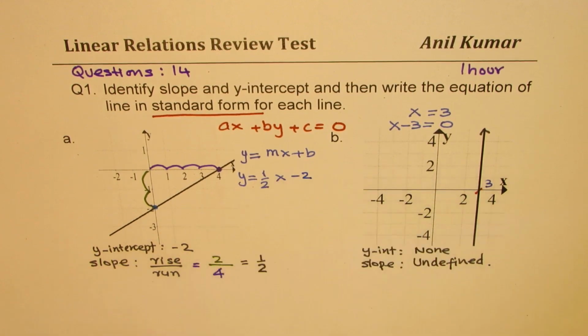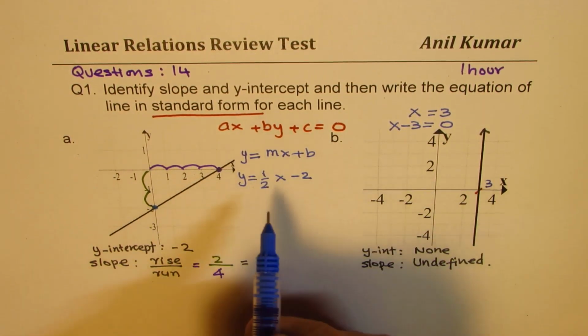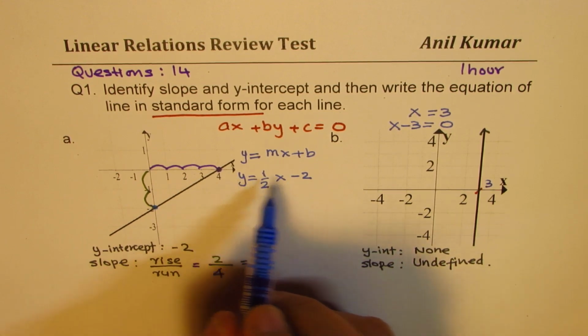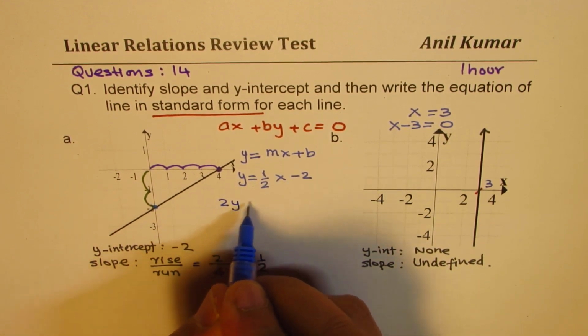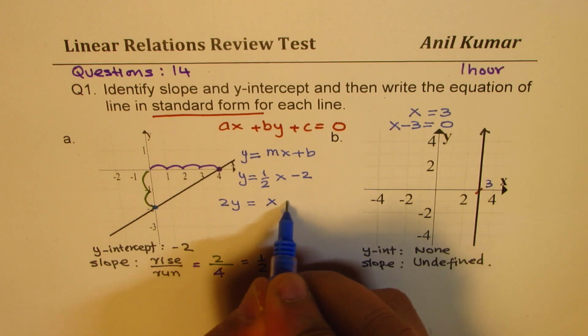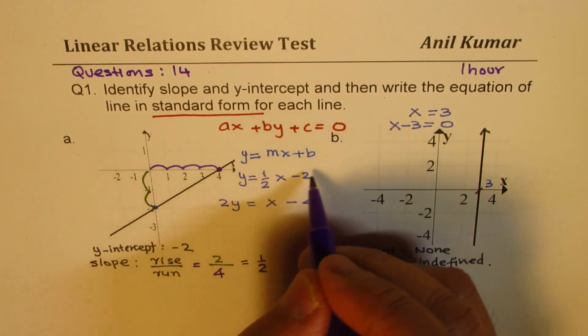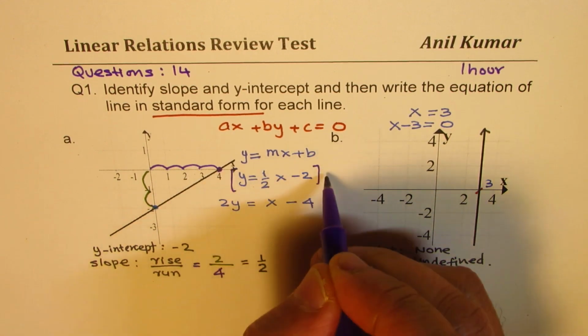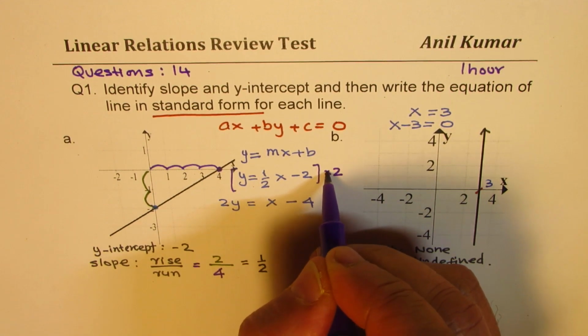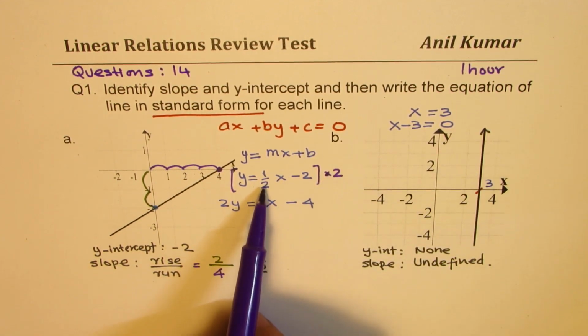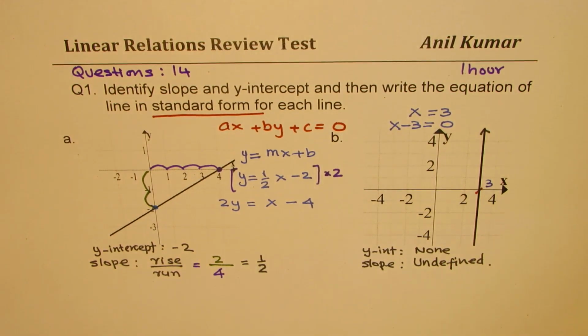So that could be the equation. But this equation is in slope-intercept form. Now to avoid fractions, we could multiply by 2. So we get 2y equals to x minus 4. We multiplied everything here by 2. So once you do that, you get rid of this 2, right?